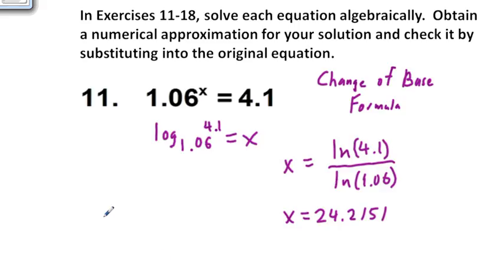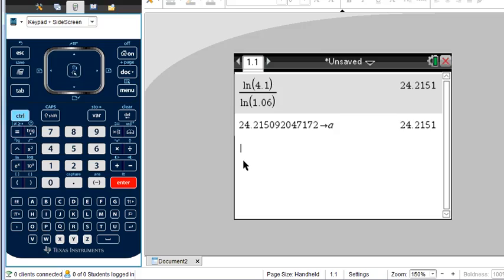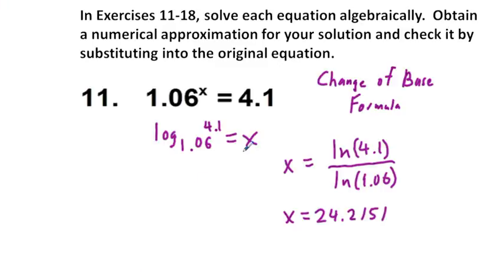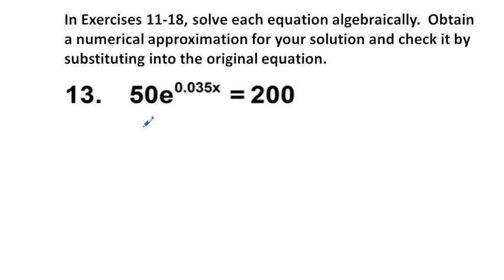So going back to our calculator, we put 1.06 to the power of A, and we get 4.1, which is where we came from originally, so that checks. So we know that x is approximately equal to 24.2151.